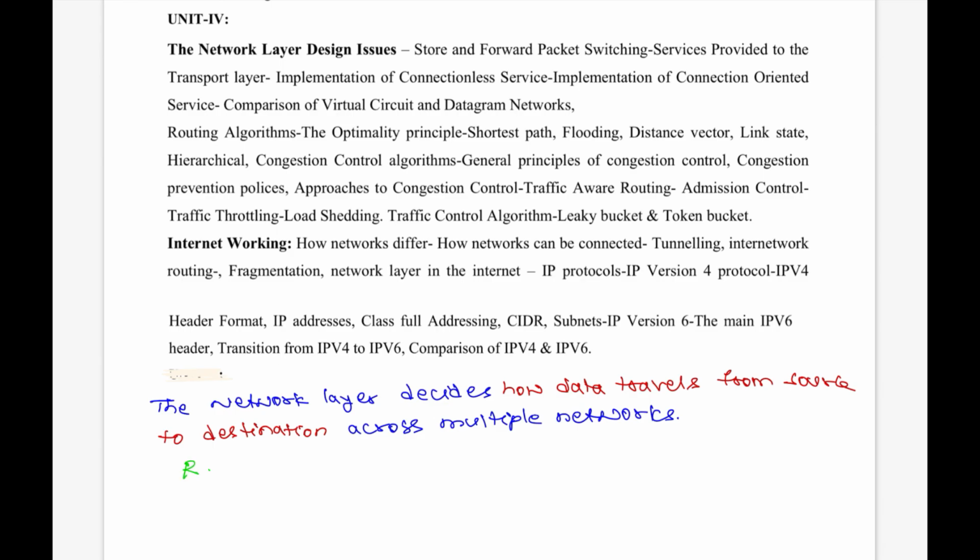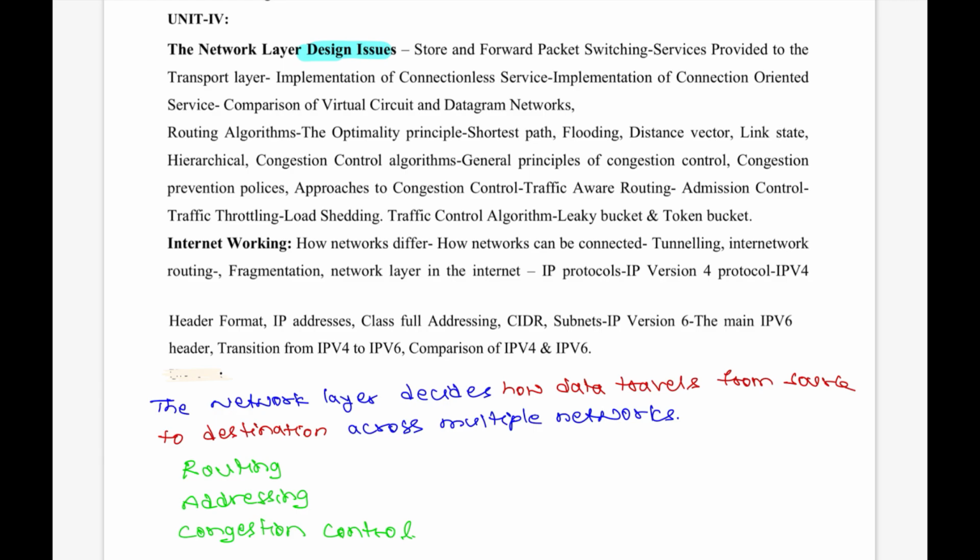Routing, addressing, and congestion control. And what are the design issues? We'll try to understand the design issues.